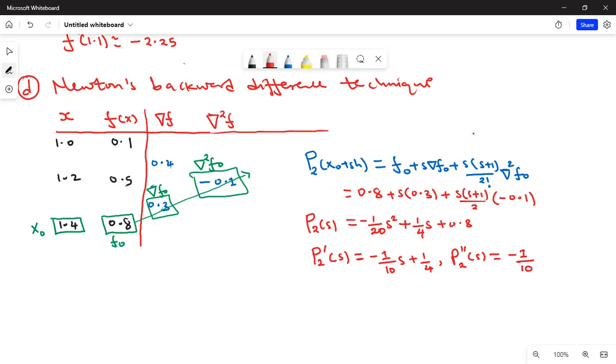So let's see how to get the f prime of x and f double prime of x. F prime of x is the same as 1 over h times P2 prime of s. And so that is 1 over 0.2, P2 prime of s is, we got negative 1 over 10 s plus 1 over 4.